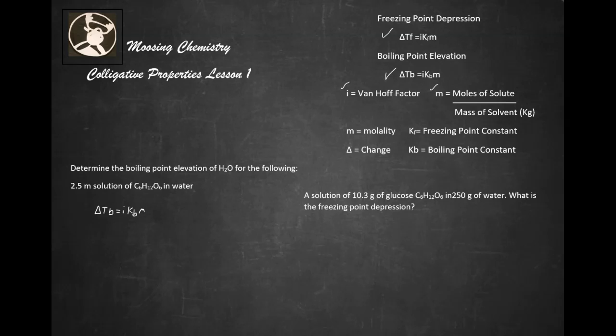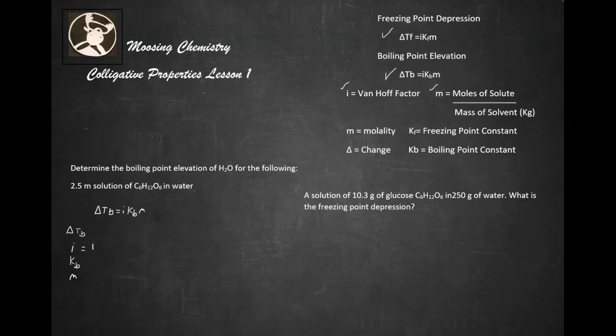All right, so let's go ahead and write out our factors here. Delta TB equals i Kb and little m. The Van't Hoff factor i, unless we're dealing with an ionic compound, we don't have to really worry about the ions, so it's always going to be 1.